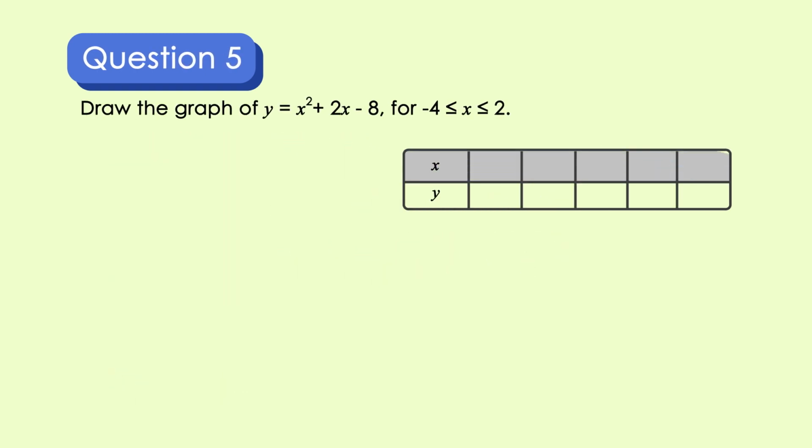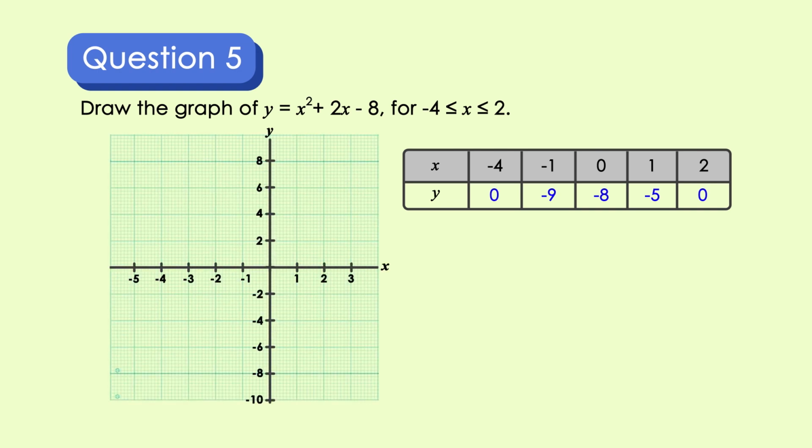Question 5. Draw the graph of y equals x squared plus 2x minus 8 for the values of x in between negative 4 and 2. We need to construct the table of values for the given values of x. Again, with calculations, we will get the values of y corresponding to the given values of x.